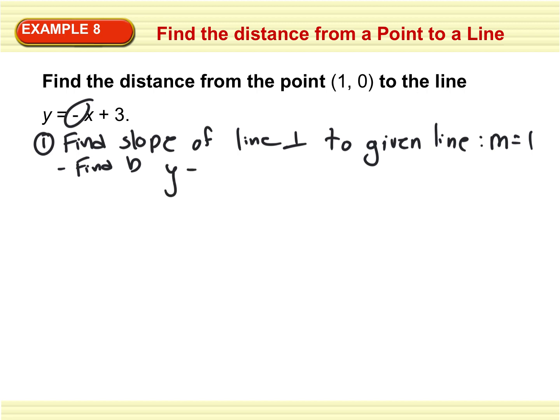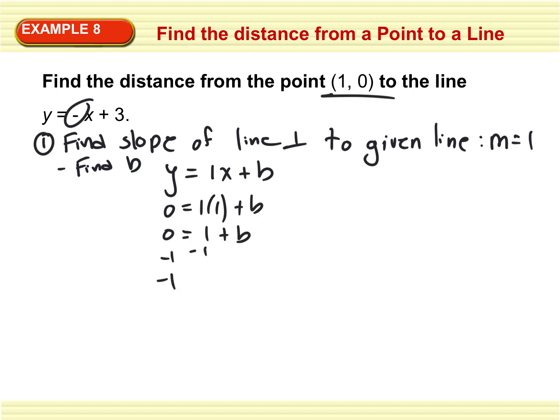We get y equals 1x plus b. So we're going to plug in the point (1, 0). 0 equals 1 times 1 plus b. 0 equals 1 plus b. And subtract, and we get that -1 is equal to b. So we have our new equation, y equals x minus 1.